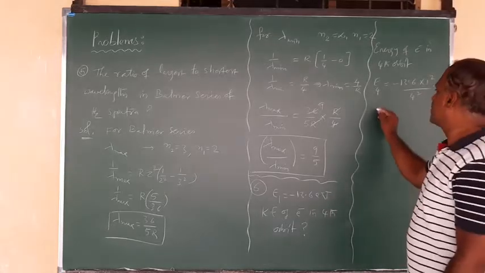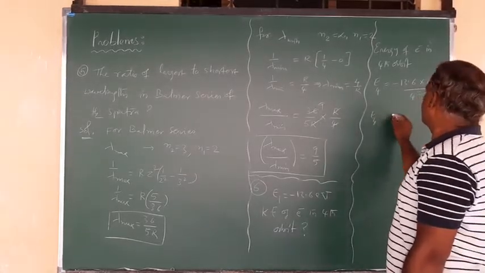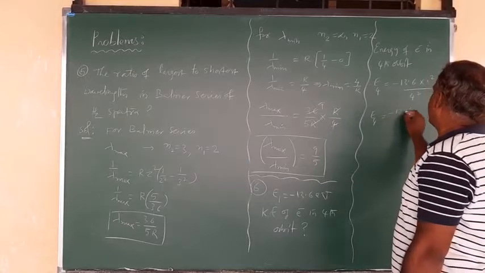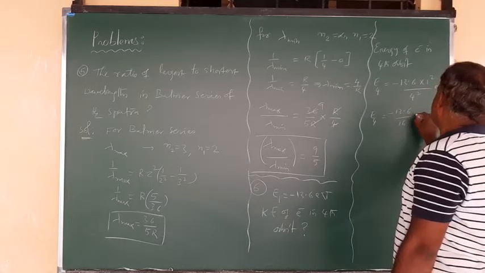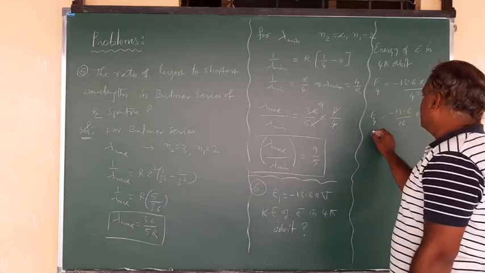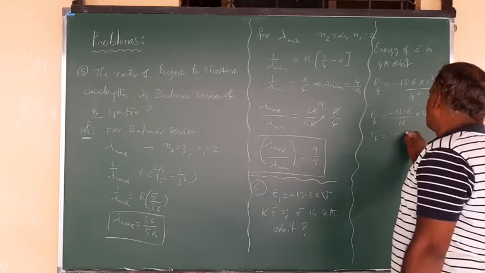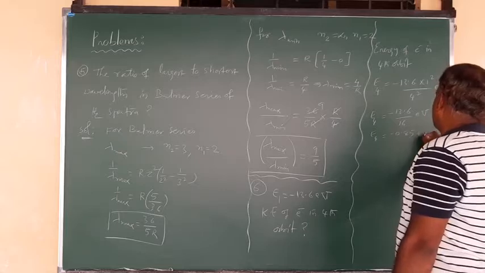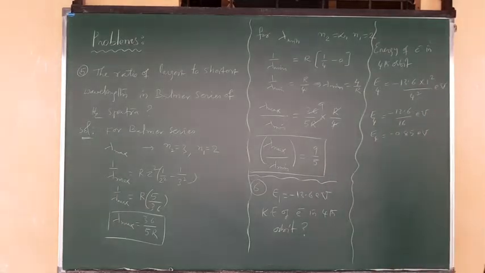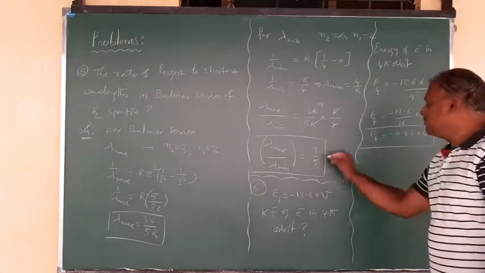So E4 is equal to minus 13.6 upon 16 electron volts. If you divide 13.6 by 16, you get 0.85 electron volts. So this is the total energy of the electron in the fourth orbit.